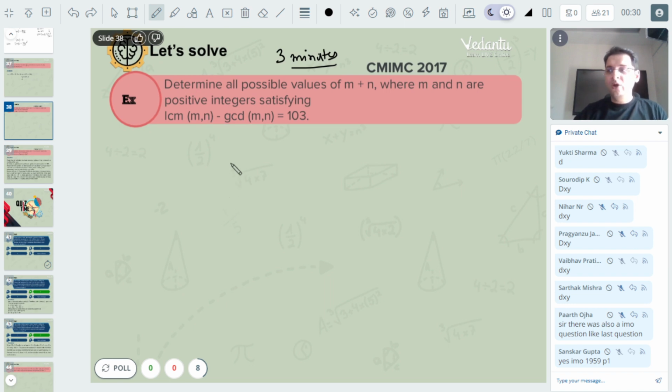So determine all the possible values of m plus n, where m and n are positive integers satisfying LCM of m and n minus GCD of m and n is 103. You can put your answers on the chat.